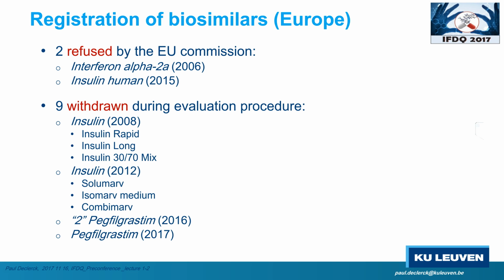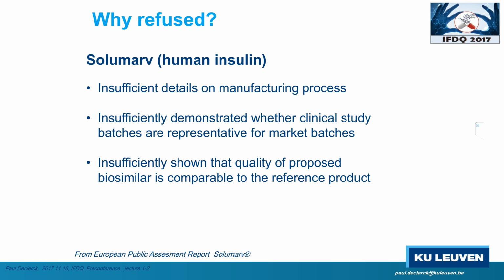And you may notice that even a relatively simple molecule such as filgrastim, here the pegylated form, there are actually a few, also recently, that have not been approved yet at this moment. Here are some details on why they have been refused. For instance, insufficient details on the entire process, which just means that we cannot trace back the quality of the entire process, and so on.